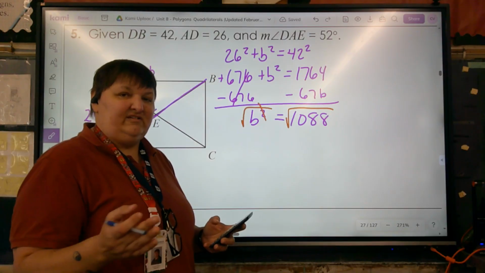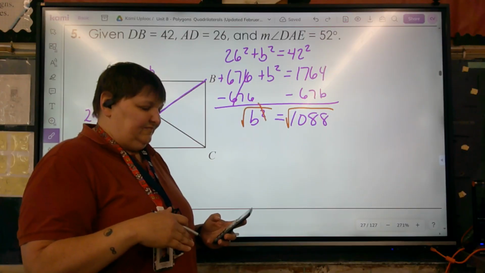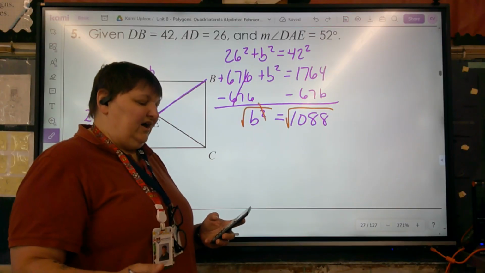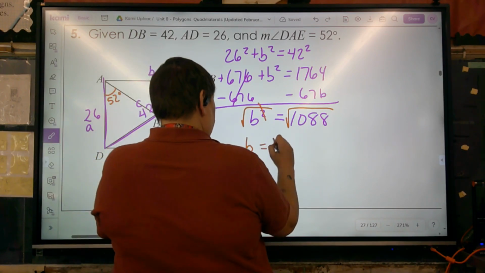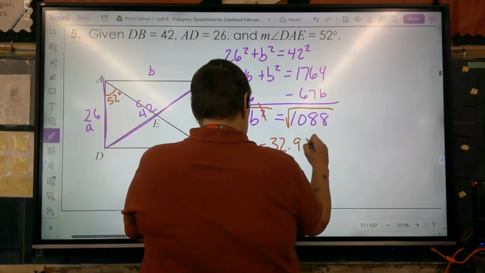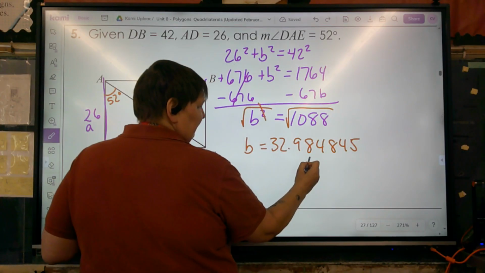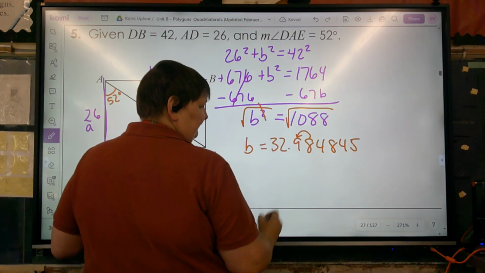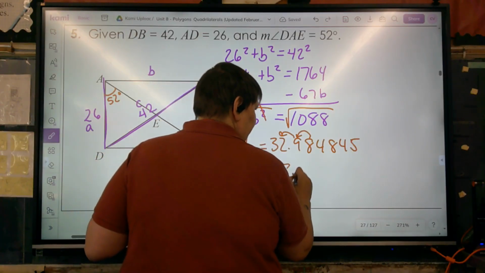Round to the nearest tenth, so one number after the decimal. And that rounds the 9, right? Because the answer is B equals 32.984845, but we're going to round. This moves that to a 10, which moves that to a 3. So B equals 33.